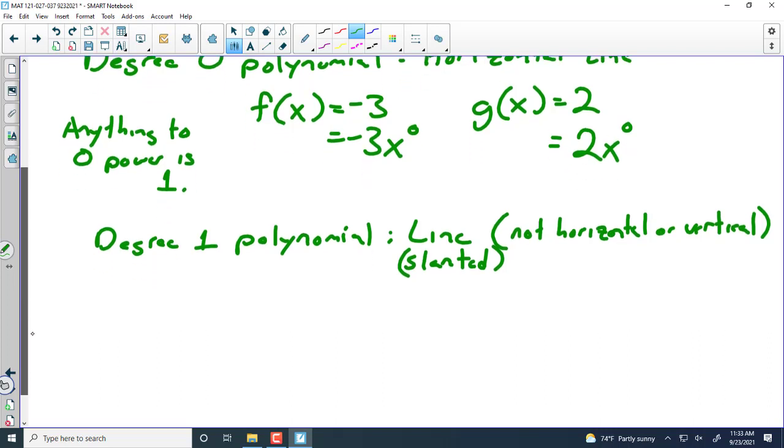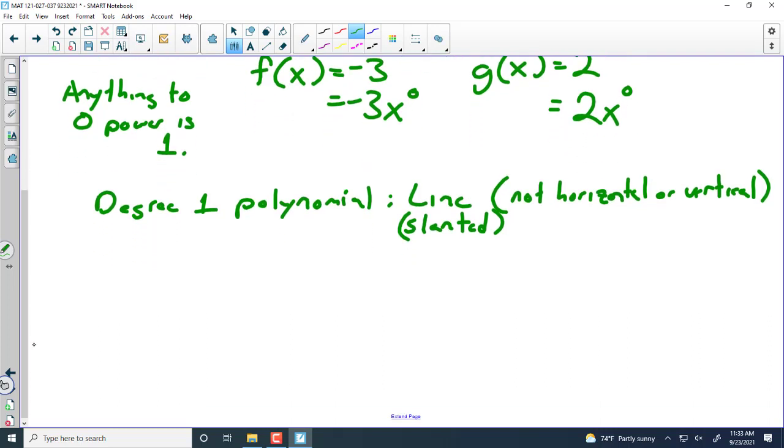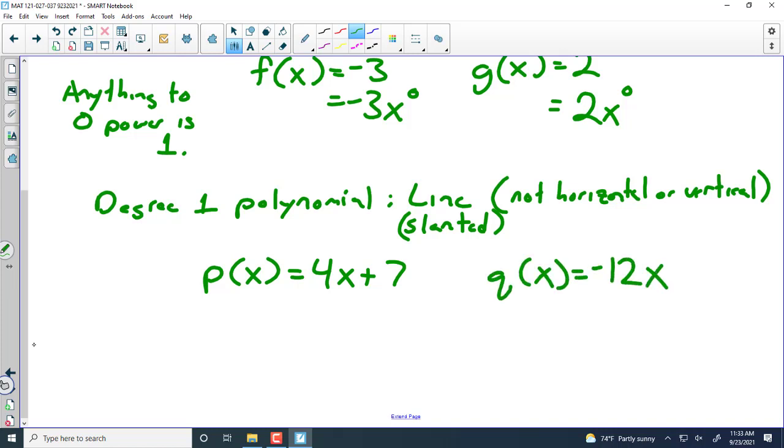That's considered a degree 1 polynomial. And the reason for that is because the equation for a line looks something like this. And even though we don't write it on there, we do know that when someone doesn't write the power, that really is a power of 1 up there.